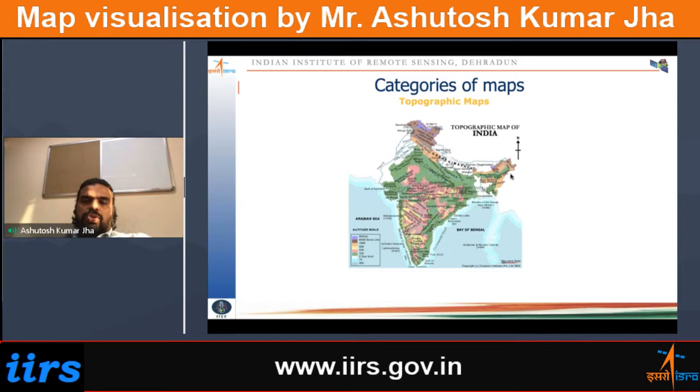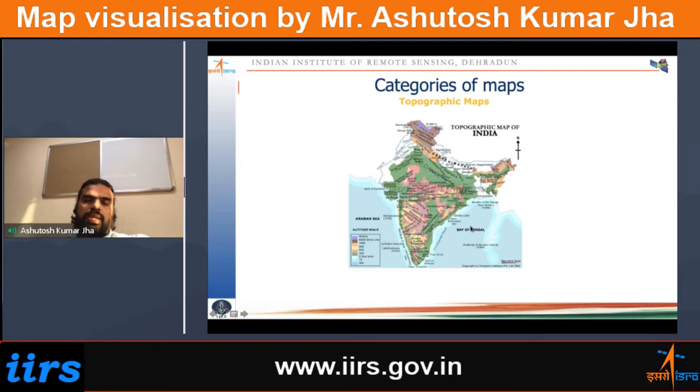So if somebody is interested in, let's say, the low-lying areas or the coastal zone areas at different depths and heights, if you want to find it out at different distances, then we can easily look into the maps and say, okay, these are the areas in India where we have a geodetic height of 30 meters or 75 meters or something like that.